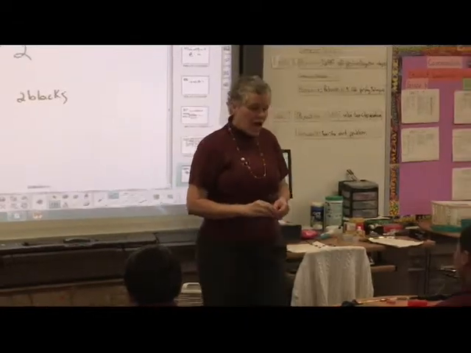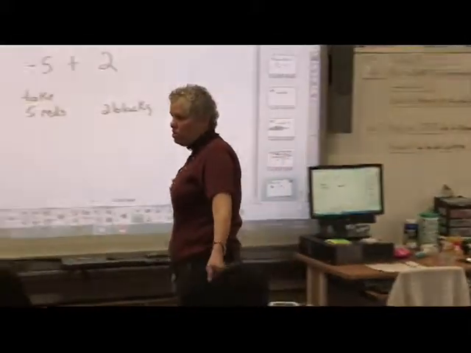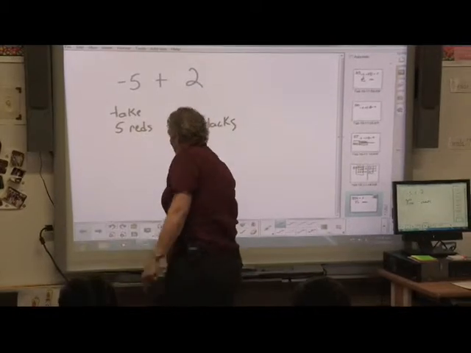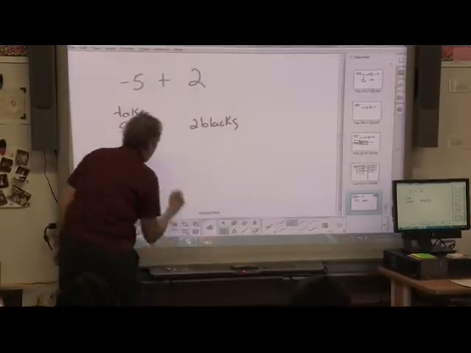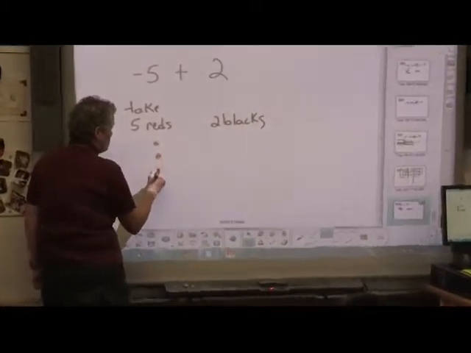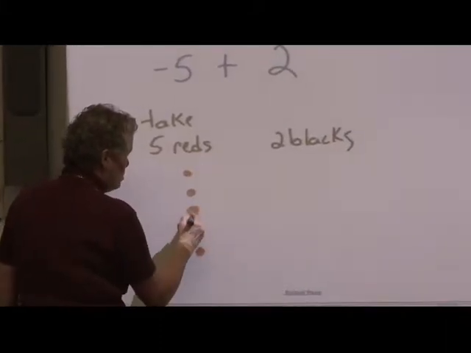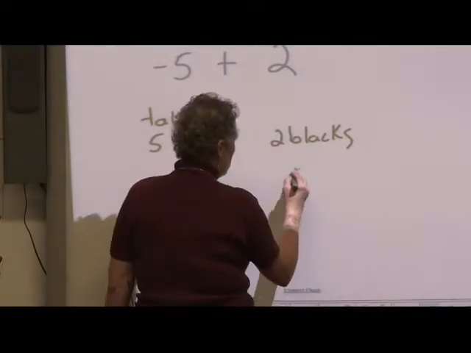So if I have, do you have any 0 pairs on your board that you can clear? You have a picture right here of 5 reds and 2 blacks.